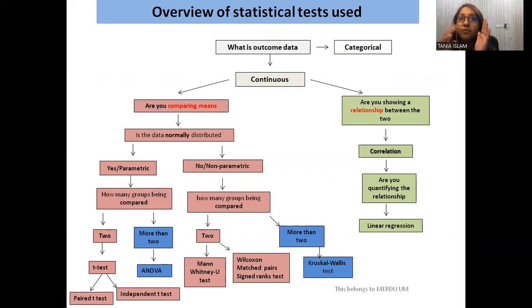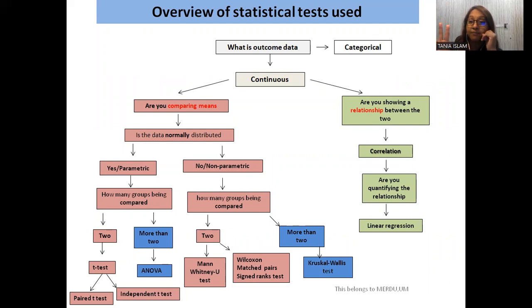Suppose that you want to see the exam score, like first year, second year, third year, fourth year. You want to see the exam score of the same student in first year and second year. So first year and second year are the two groups, right?